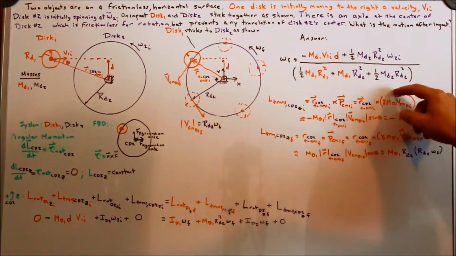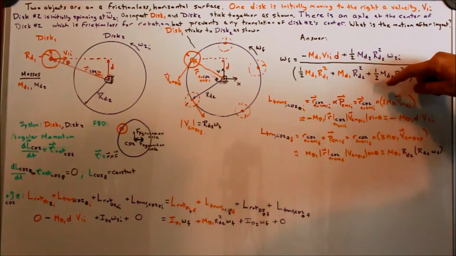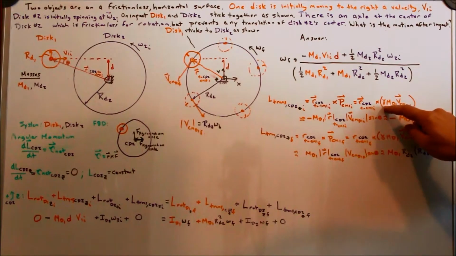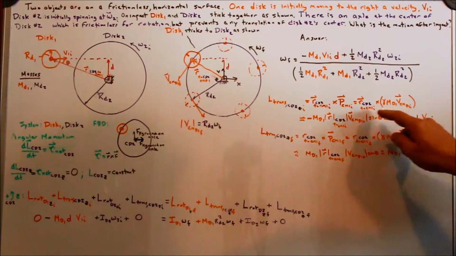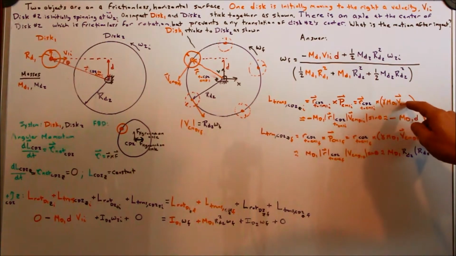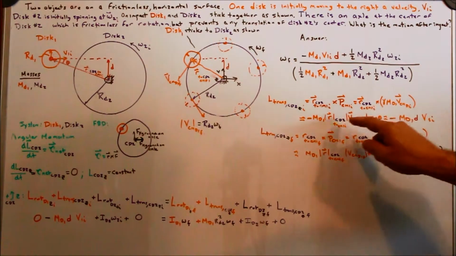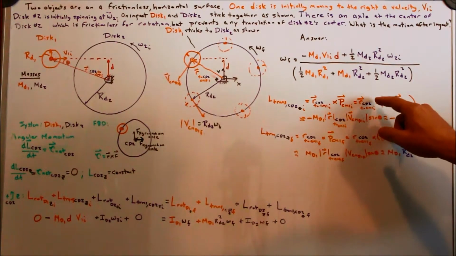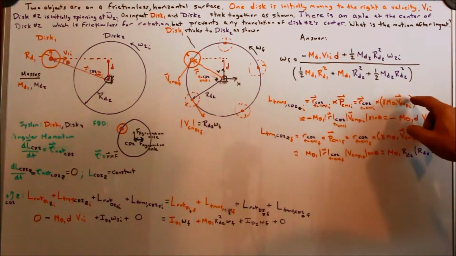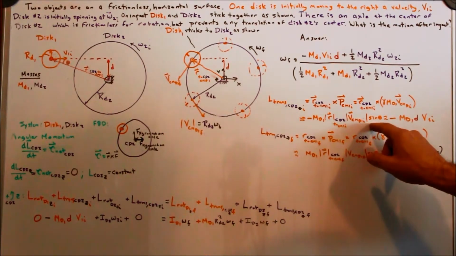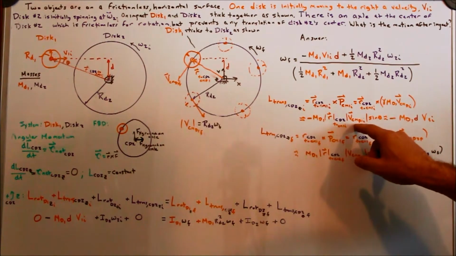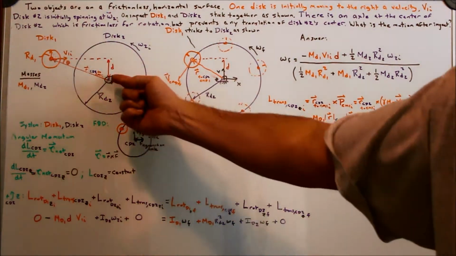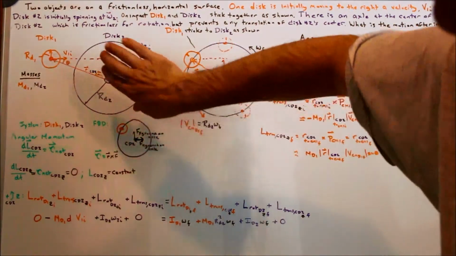And p is gamma m v. We'll assume gamma is 1. So mass and then velocity come here. Essentially it's the mass of disk 1 times r cross v, and r cross v has magnitude r times magnitude v times sine theta.